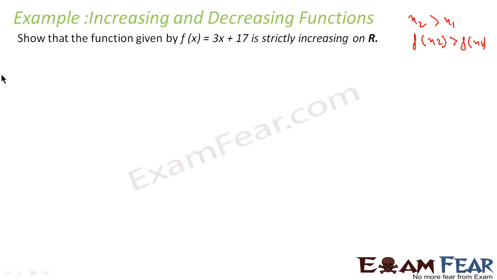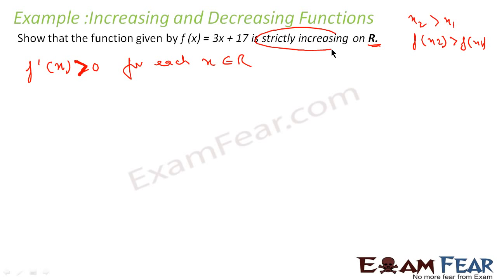The easier way says that if f dash of x is greater than 0 for each x that is part of this domain, that is real numbers, then the function is strictly increasing, using the theorem.